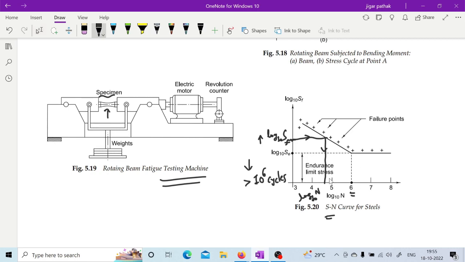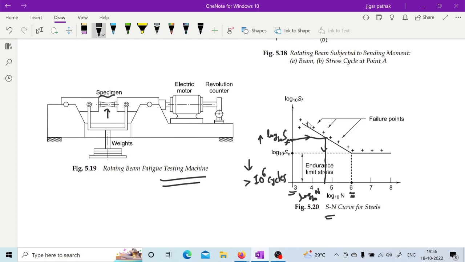Here this 6 is log 10 of 10 raised to 6, right, that is why it is mentioned here as a log plot. So this graph you are seeing goes from 10 raised to 3 to 10 raised to 6 cycles. We will see low cycle fatigue and high cycle fatigue also when we go further. First you need to have an idea about endurance limit and fatigue life.